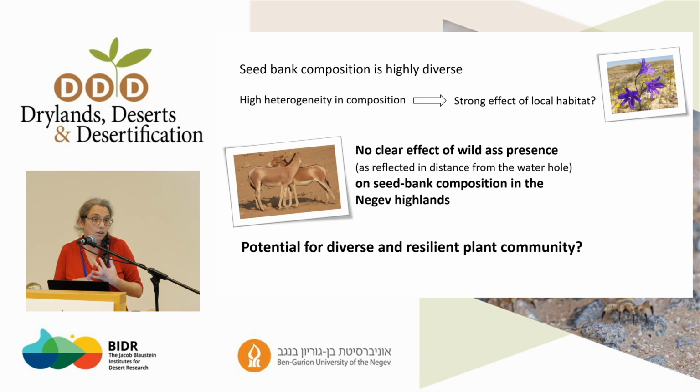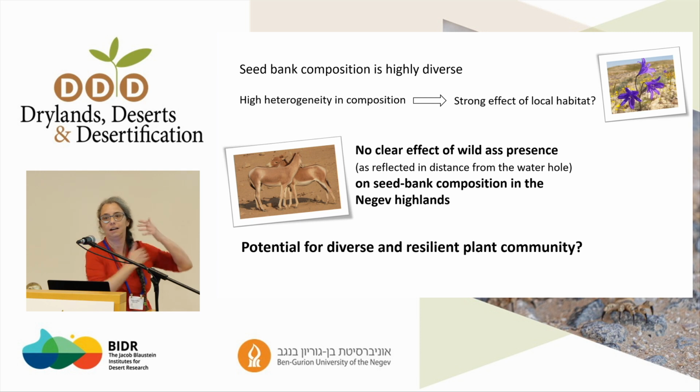The second thing that can also be is that we have had the wild asses in the area for so long that they already kind of homogenized the whole area, and we just don't see the effect anymore. I cannot rule that out at all, because there is no way to analyze that.